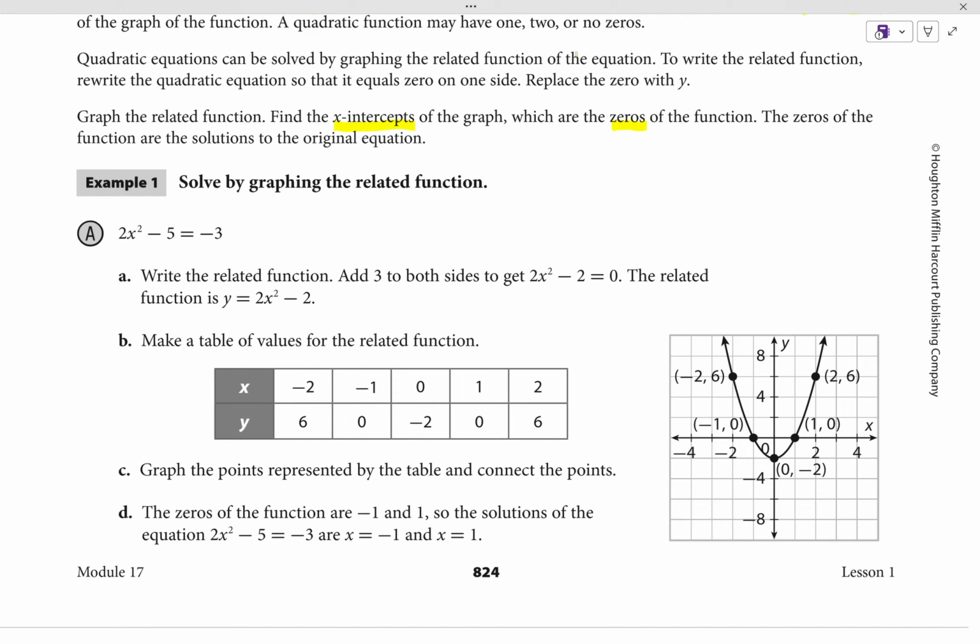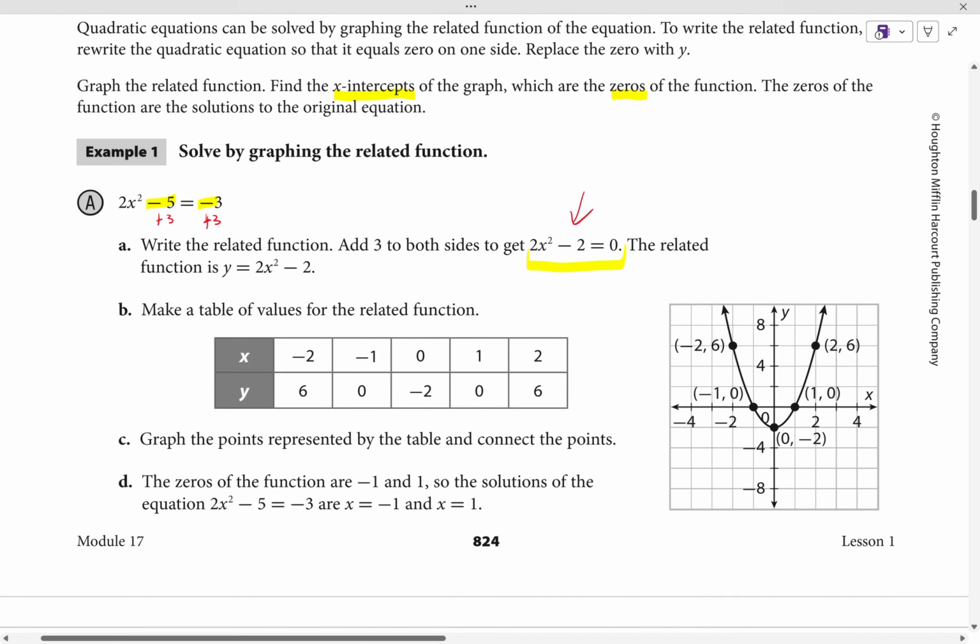Negative 5 plus 3, negative 3 plus 3. That's going to get us 2x squared minus 2 is equal to 0. And so here's our new equation. Now, 2x squared minus 2 equals 0.